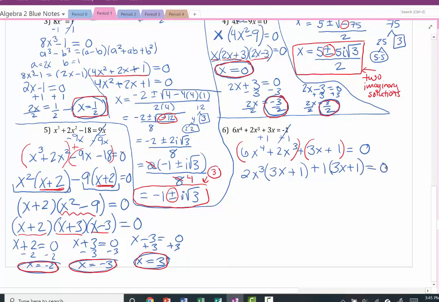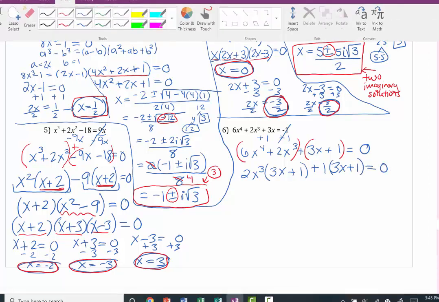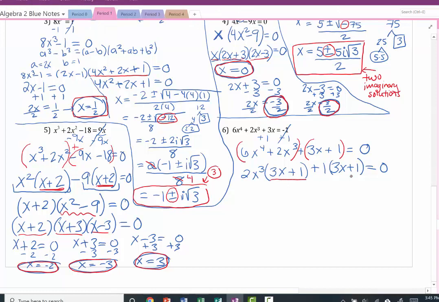So I'll write it that way so that I can go ahead and factor out my common factor of 3x plus 1. So I will take my 3x plus 1 out, and that leaves me with 2x cubed plus 1 is equal to 0.